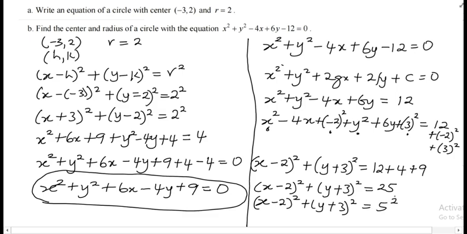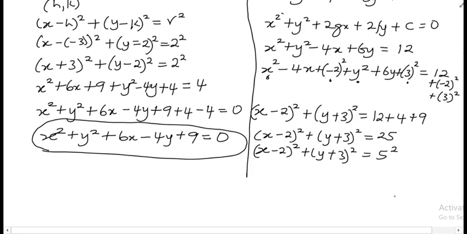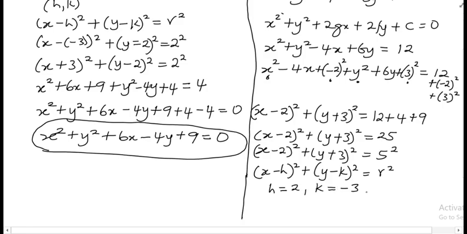Okay, so you compare this with the general form, x minus h all squared plus y minus k all squared equal to r squared. We discover that our h will be 2, then k will be equal to minus 3, then r will be equal to 5.